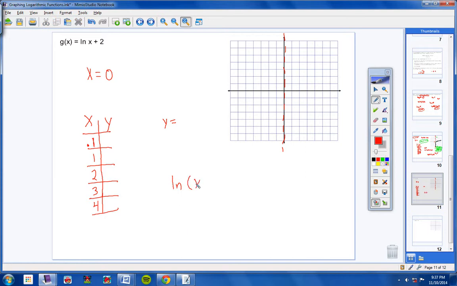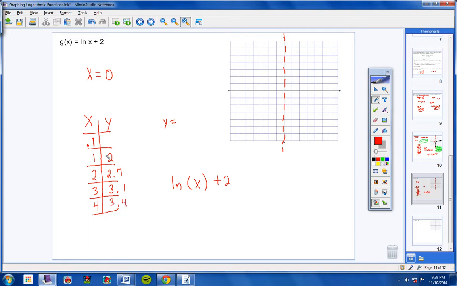When you put your x, be sure to close your parentheses, and then push +2. Now you're all set. Go to your table of values, so hit second graph. 1 gives me out 2. 2 gives me out 2.7. 3 gives me out 3.1. 4 gives me out 3.4.